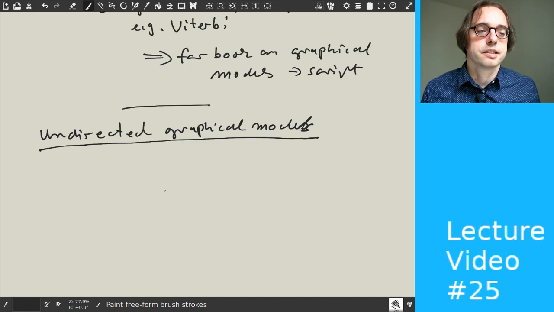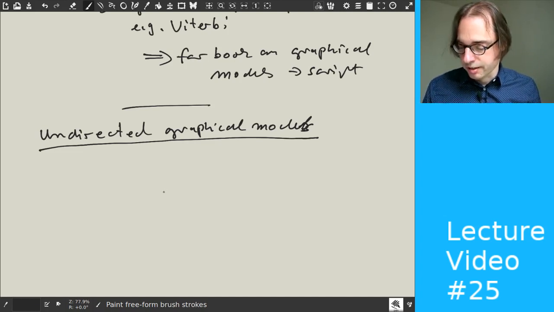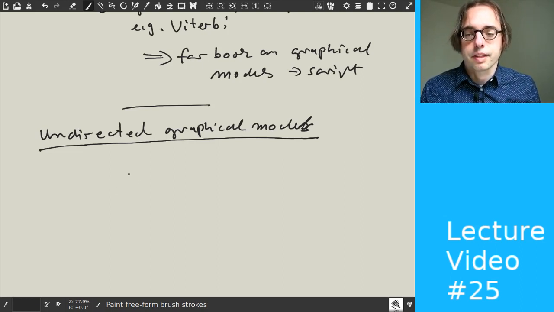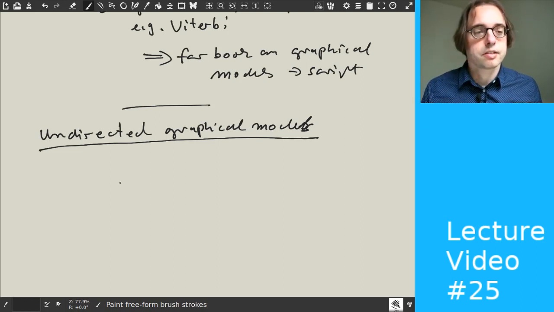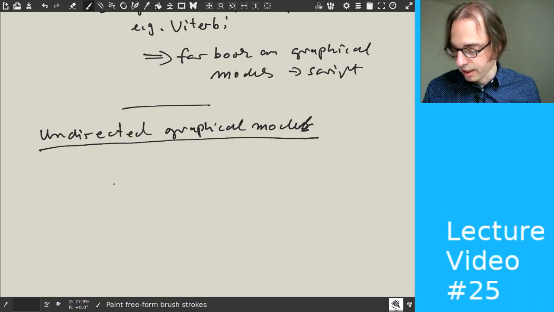That's actually the same for directed graphs. And for undirected graphs, we can use this conditioning also to define the product density as follows.